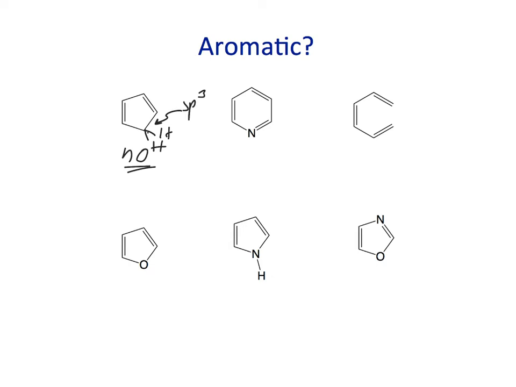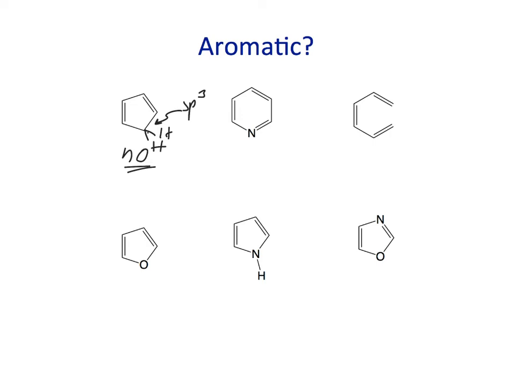Just like other conjugated systems, conjugated versus isolated pi bonds, if it's interrupted by an sp3 hybridized atom, there's no p orbital there, so we can't have resonance all the way around the ring.